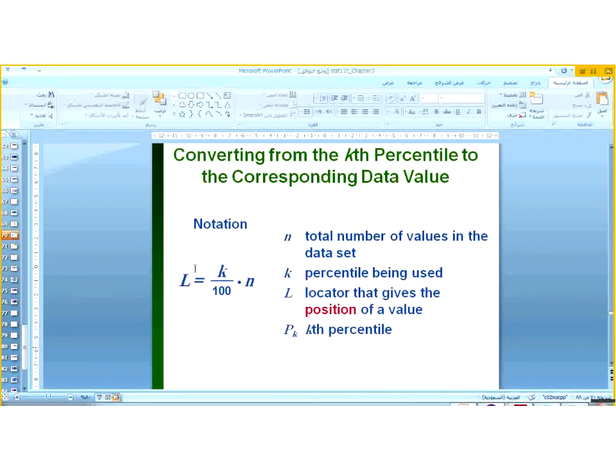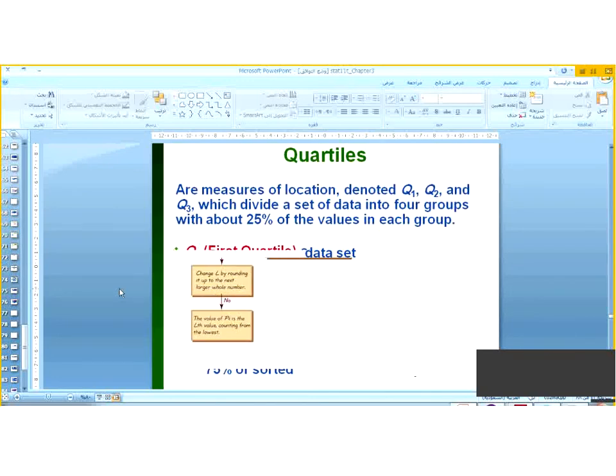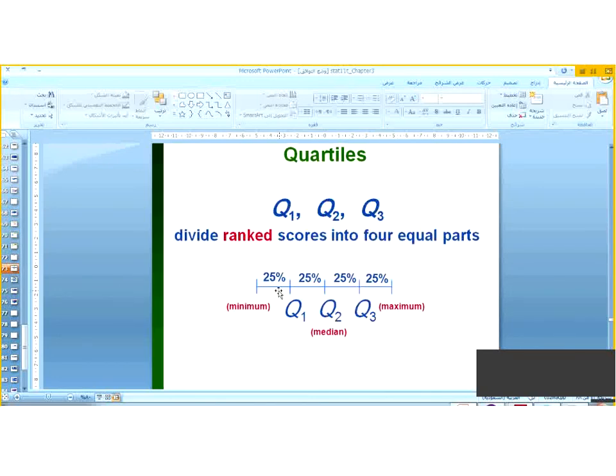So هنا في القانون لحساب Q1 بدل K بحط هنا 25، Q2 لحسابها بحط هنا 50، وأخيرا لحساب Q3 أستخدم هنا 75. Okay, and here we are. هنا مكان Q1 وهنا Q2 اللي هي نفسها الميديان، آخر شيء Q3.